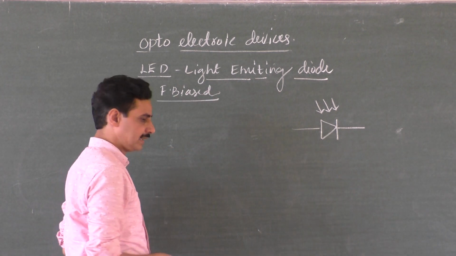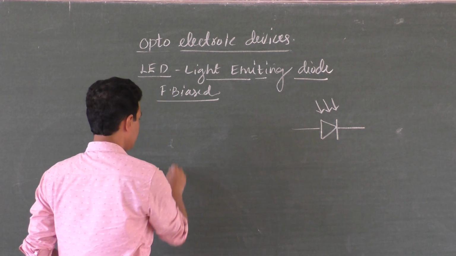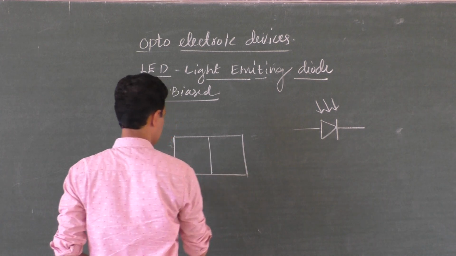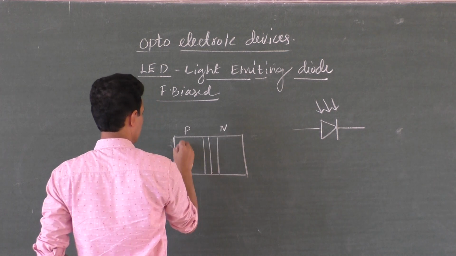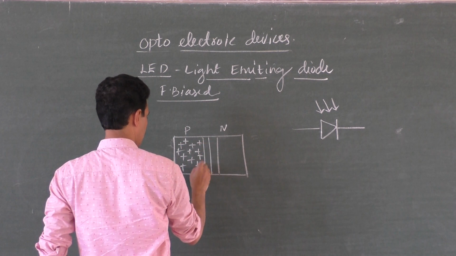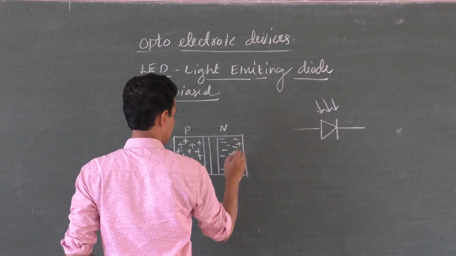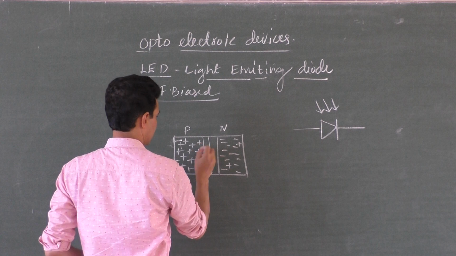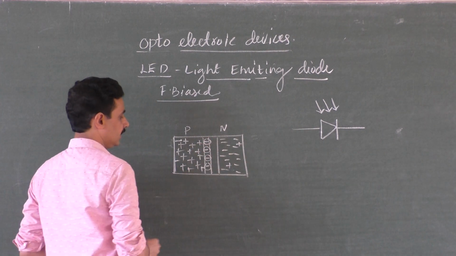Now, how is LED constructed? Again, very heavily doped. Heavily doped PN junction, but forward biased. It contains a heavily doped PN junction, and of course here we have a depletion layer, P layer, N layer, and here we have plenty of holes, and here we have plenty of electrons, and here there may be few minority carriers. Now this is the junction where immobile ions are present, because these electrons have combined with the trivalent atom here.